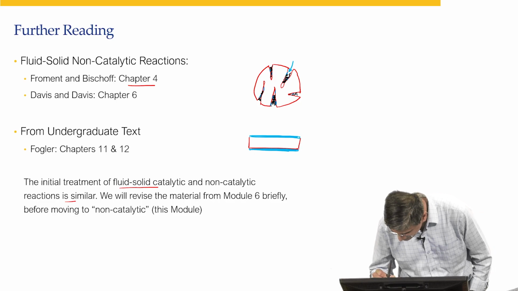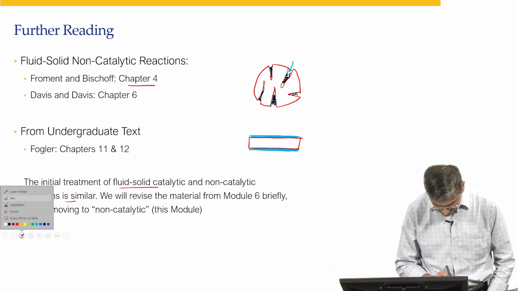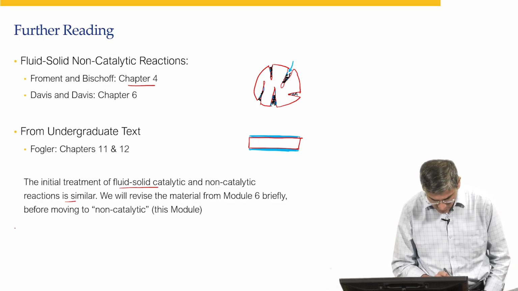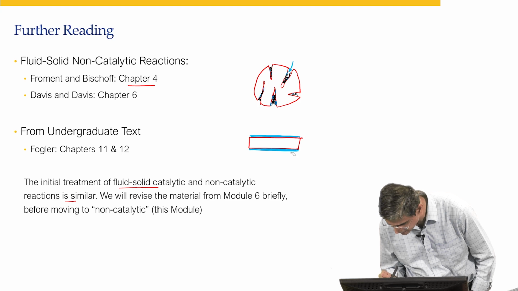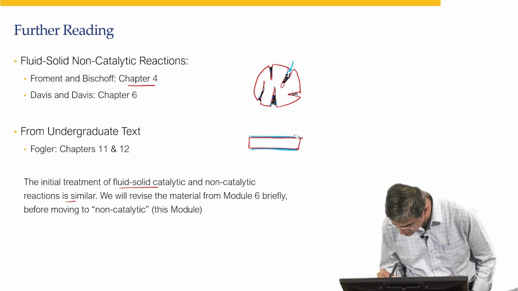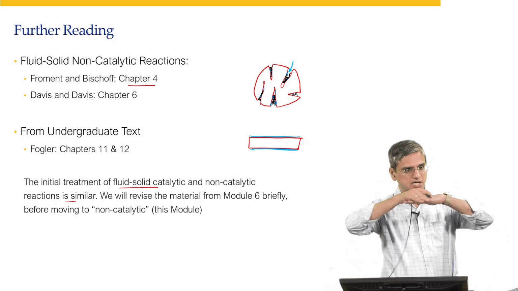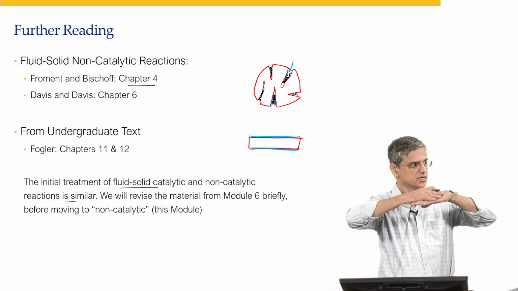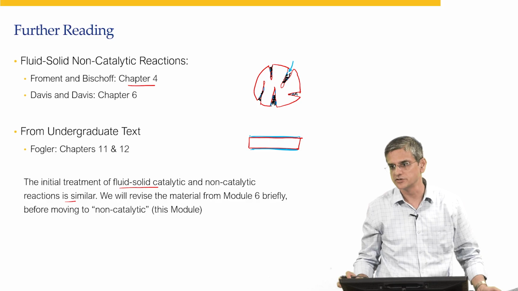In a case like this, as your reacting fluid reacts, it peels away layer by layer. The external layer is the one that first reacts. It's not a porous material, but the reaction is taking place on the surface only. So there's no internal diffusion, there's only external diffusion.